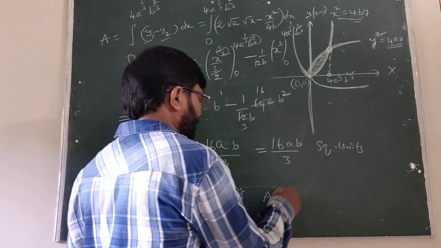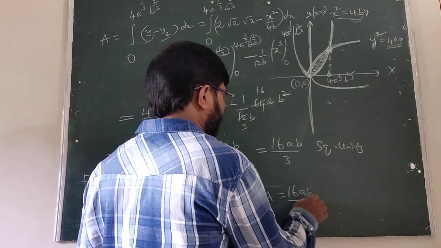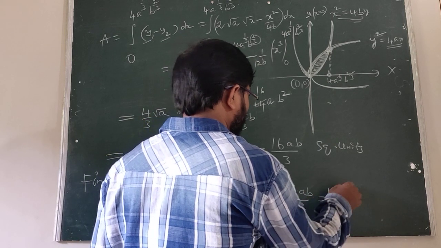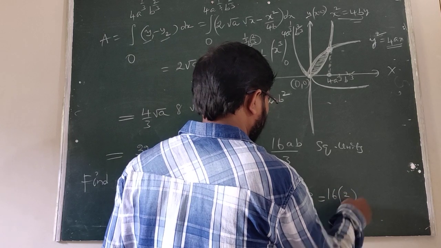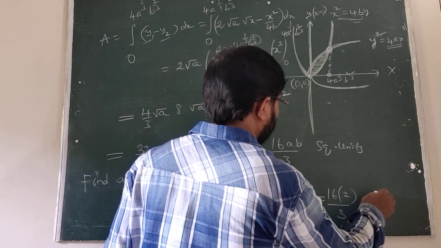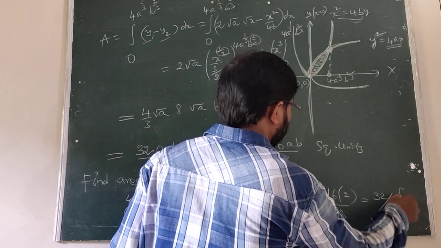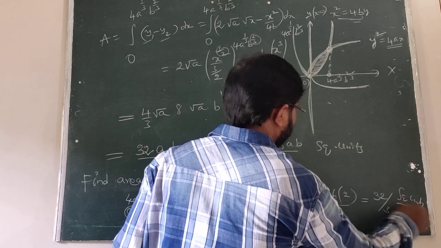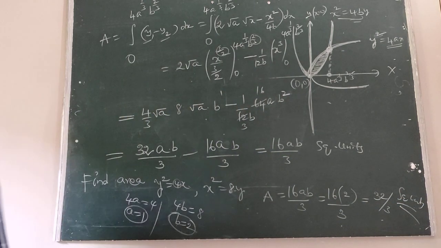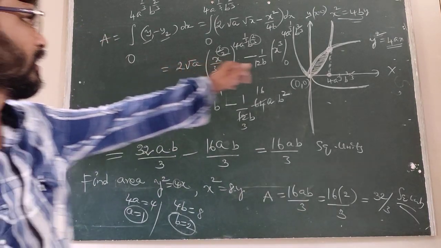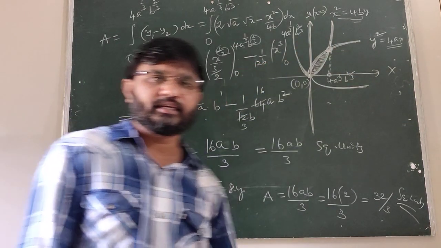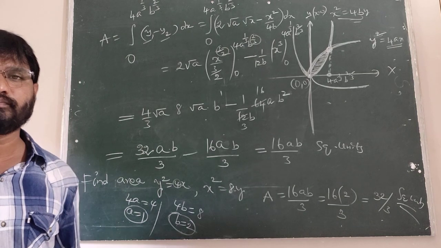The required area 16ab by 3 is 16 a into b, 1 into 2, that is 2, so 32 by 3 square units. Okay, that is enough. The area enclosed by the curves y square equal to 4ax and x square equal to 4by is 16ab by 3.